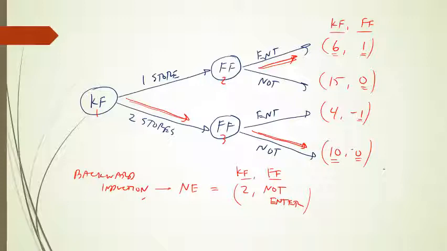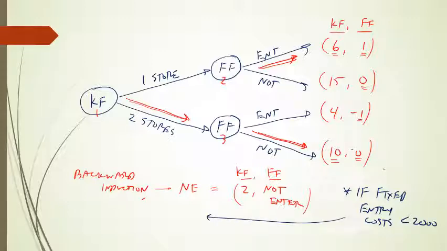Now let's suppose that the fixed cost of entry by Fresh Foods is less than 2,000. Then we have a change, don't we? If the fixed entry costs are less than 2,000 for Fresh Foods, then we have a different outcome because this -1 turns into something positive.